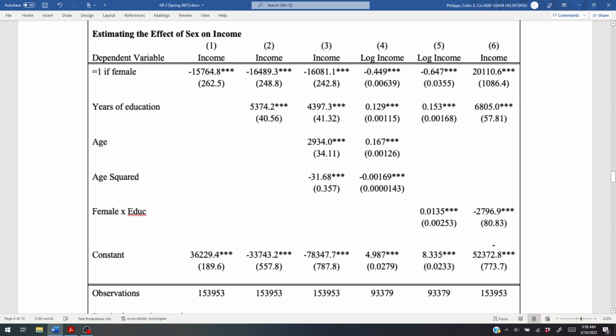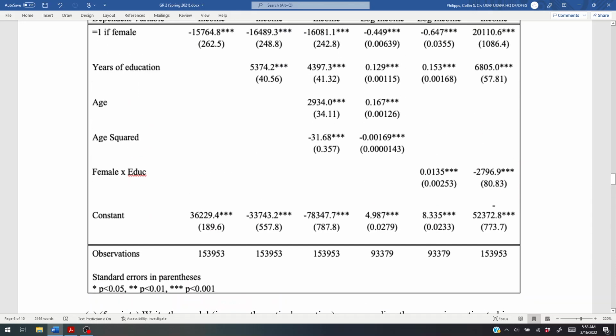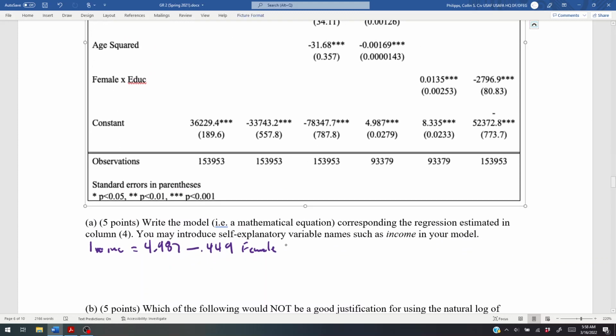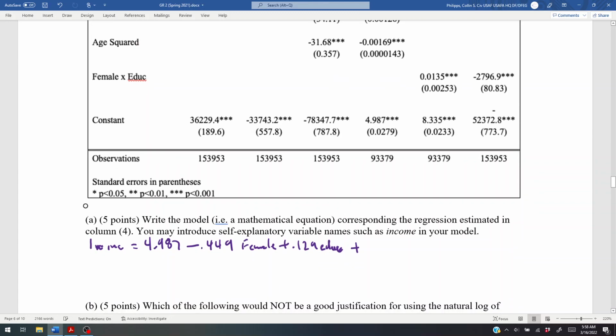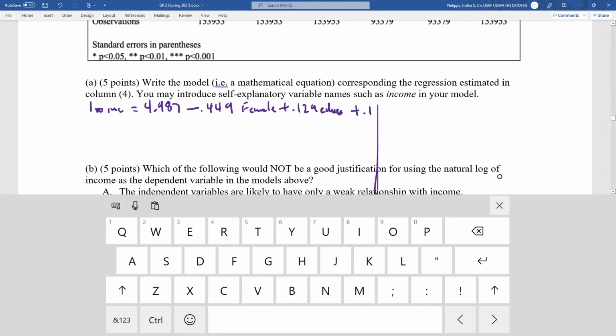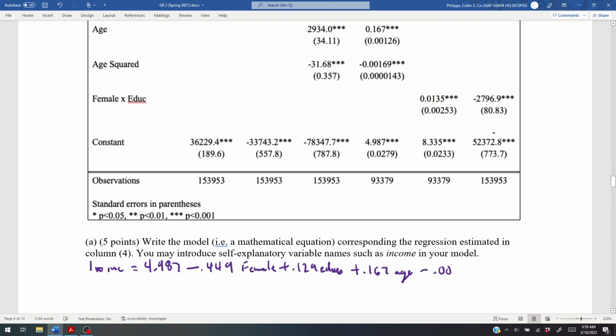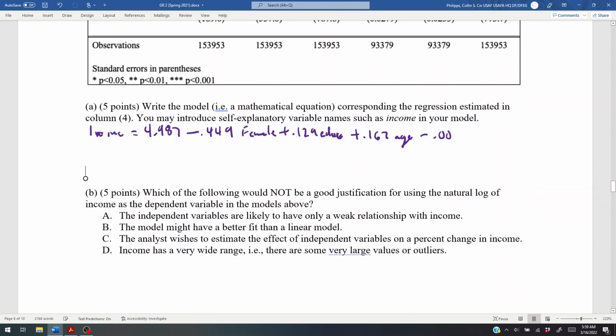And then we say plus 0.129 education, educ, plus 0.167 age, minus 0.00, tiny number, 169 age squared.